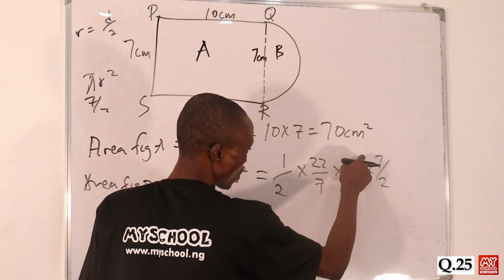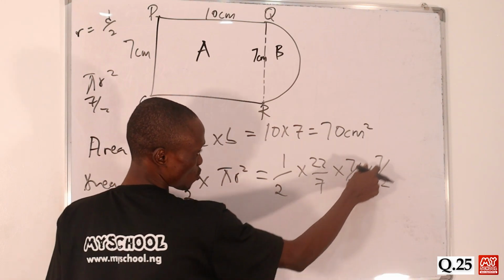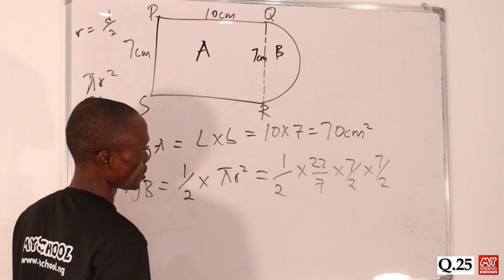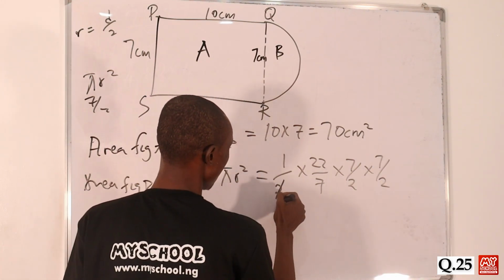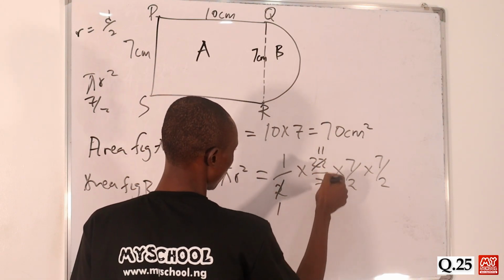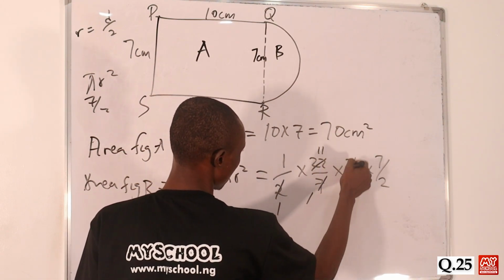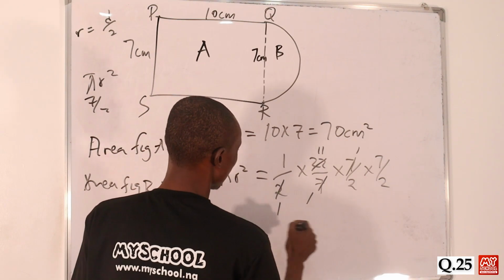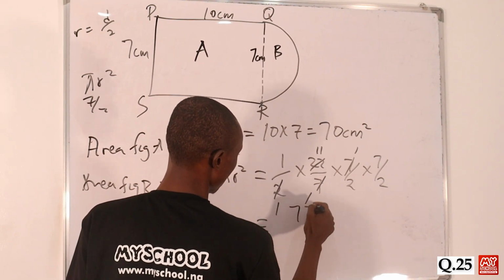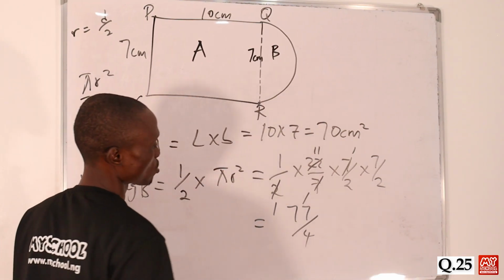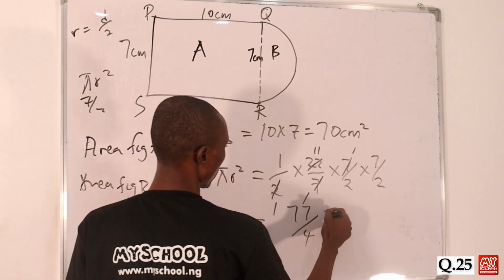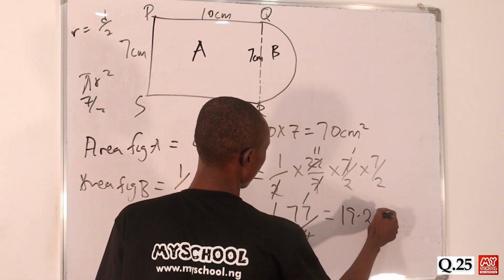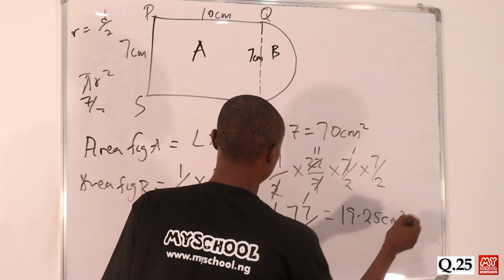So that's why we have 7/2 and 7/2 repeating itself twice, okay? So 2 here is 1, 2 here is 11, 7 here is 1, 7 here is also 1. So at the end of the day, we'll have 77/4, okay? So 77 divided by 4, that will be equals to 19.25 centimeter square, okay?